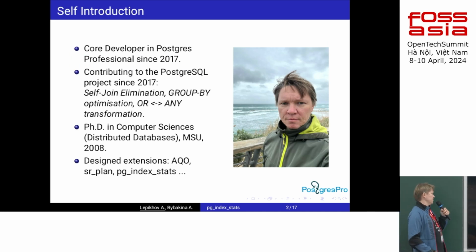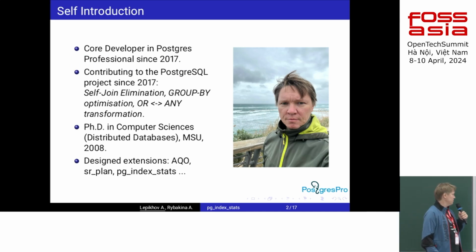Having worked on Postgres till 2017, as a contributor to core, I designed some features which help the optimizer to be smarter. It's an adaptive query optimizer based on machine learning. It's a plan freezer. It's a replenisher. Today it was committed, or any transformation, and so on.